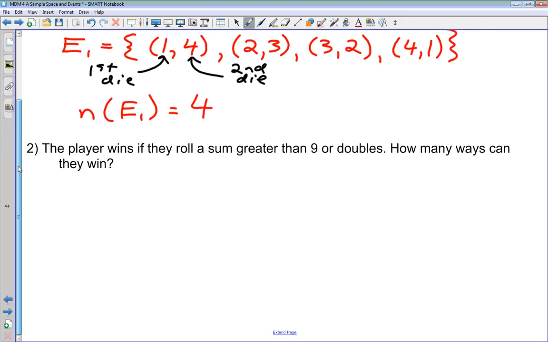So let's define these 2 event spaces. We'll have a big event space, E. Let E be the event where the player wins.